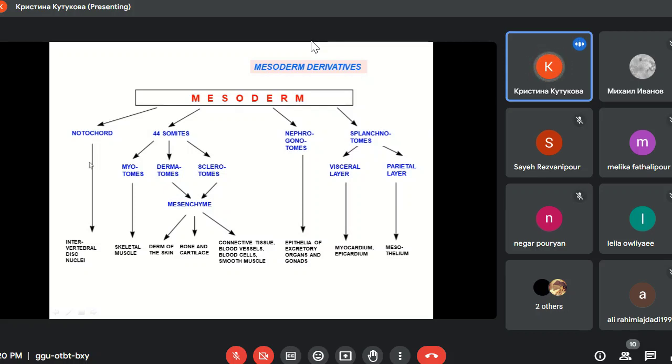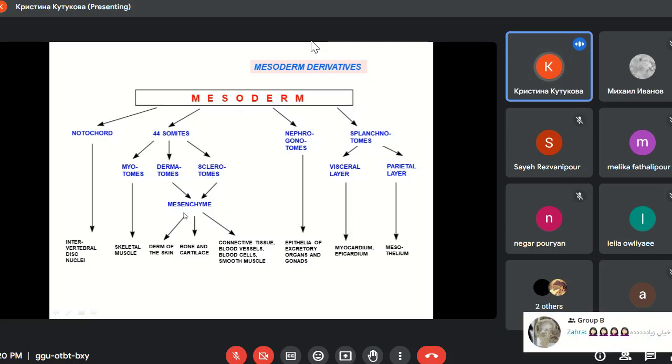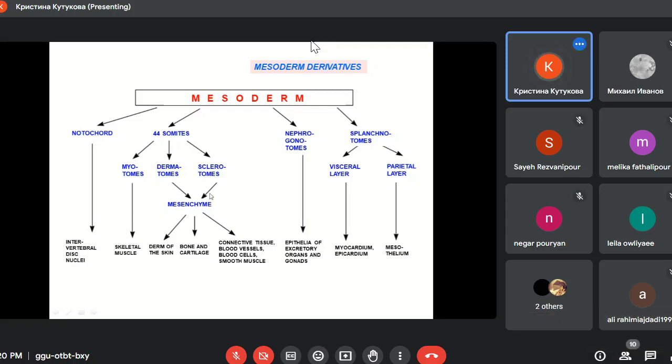Notochord disintegrates and stays only as small portions in intervertebral discs. Somites are developed into dermatomes, myotomes, and sclerotomes. Dermatomes will give us the dermis of the skin. Myotomes will develop into skeletal muscles.